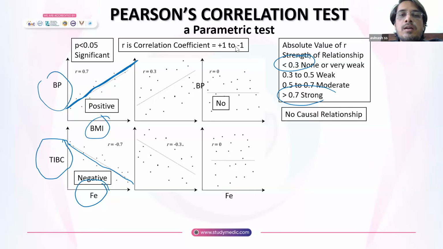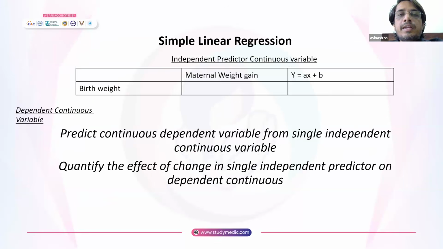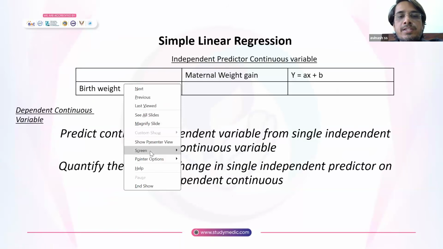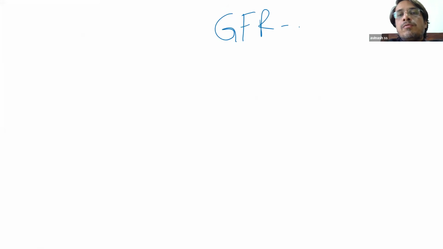Okay. Coming to the regression test. So when do we use the regression test? If you want to predict, let us say, GFR from, let us say, creatinine. Which is the dependent variable here?